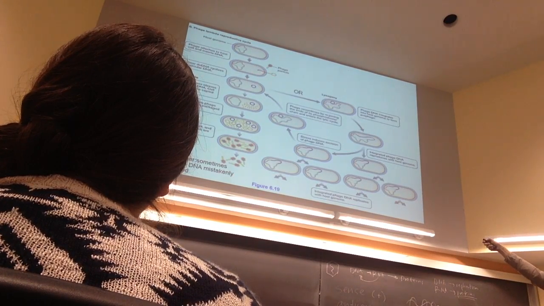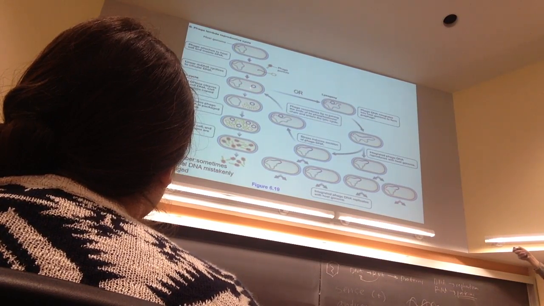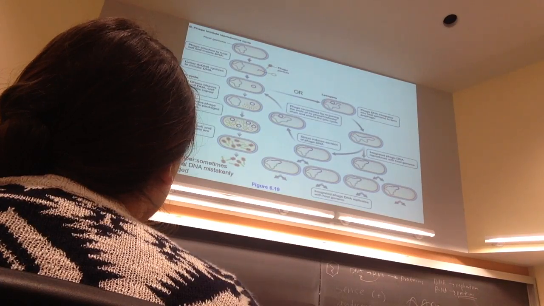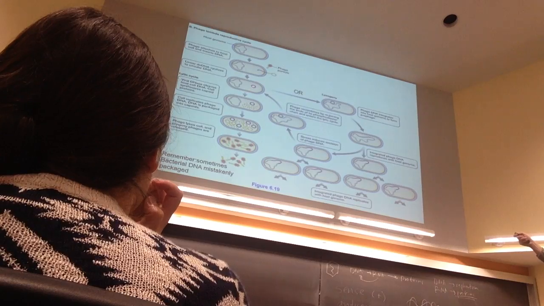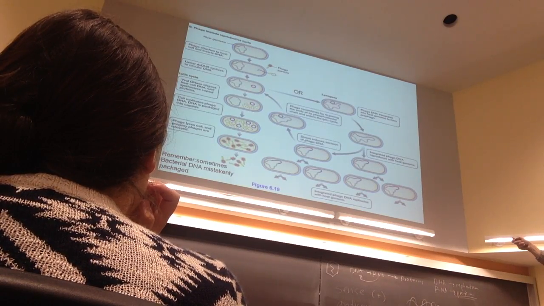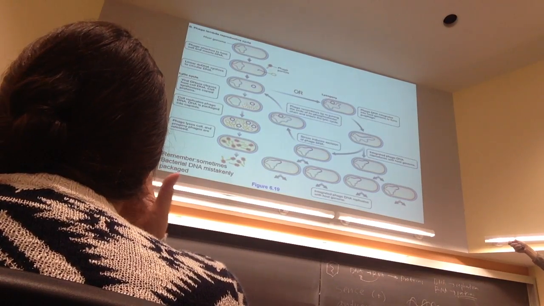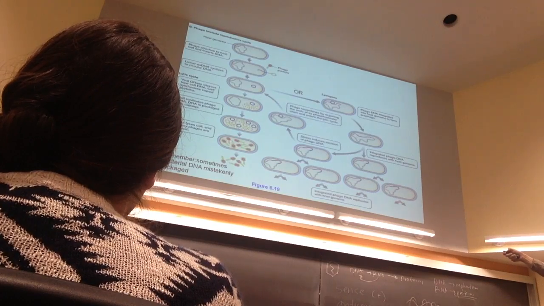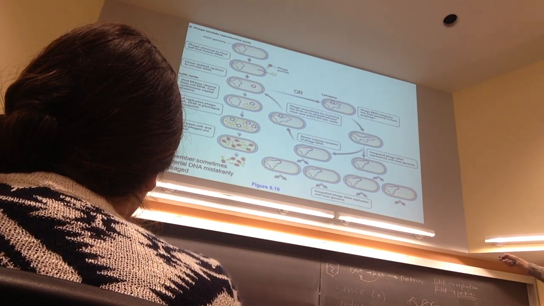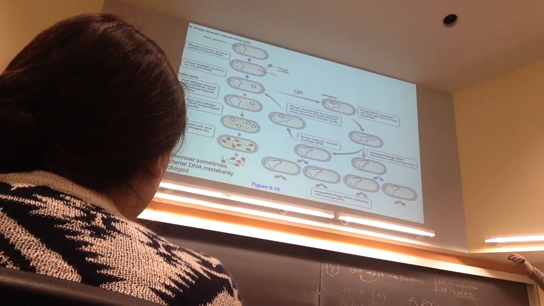Now, this DNA, if you notice, has to recircularize first before it can be recognized by the cell ribosomes. So now this genome can be copied or replicated and packaged, and once it has different copies of itself, it bursts the cell and it releases these new phages to the environment. This is the fastest way to replicate.